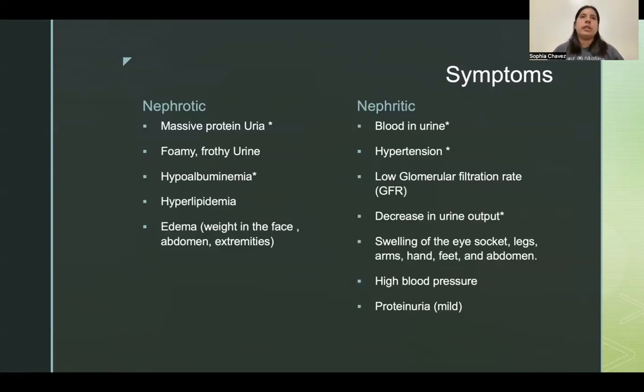Albumin is a protein that is made by the liver. This protein is essential in the homeostasis of blood regulation. The blood gets attached to water through this protein, and so this is pretty much what helps the body regulate its water.